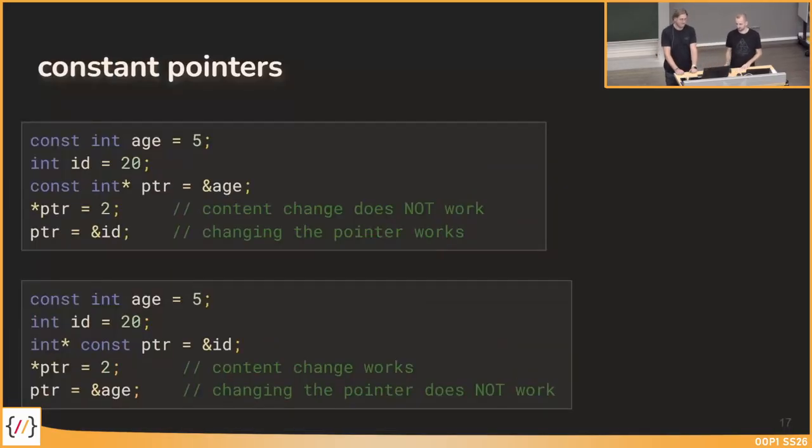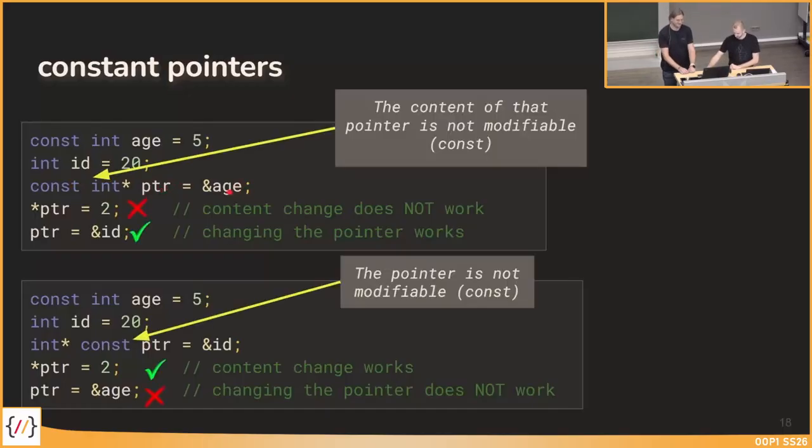So far so easy, but when it comes to pointers, it's getting very, very confusing. Let's say we create here a const int age 5, so this age cannot be modified. And I also create here an ID, which is not const. Then when I want to create a pointer to this age, so taking the address of the age, this needs to be const here, and this const here means that the value of my pointer, so the age, cannot be modified.